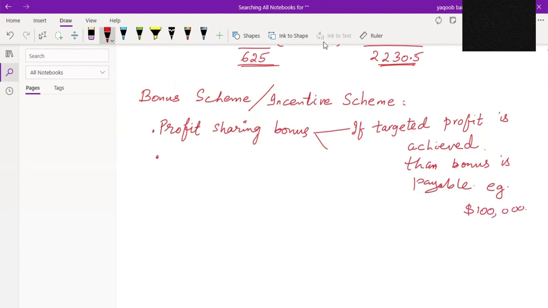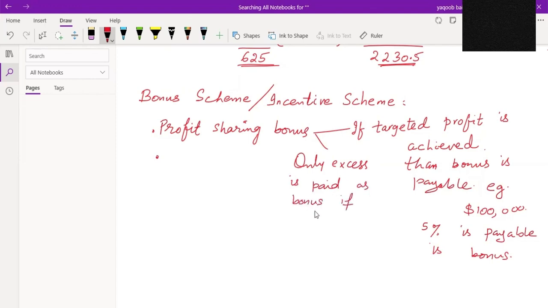Now company will pay the bonus if $100,000 is achieved. Suppose company is saying 5% is payable as bonus. Another type is where only excess is paid as bonus if target is achieved.